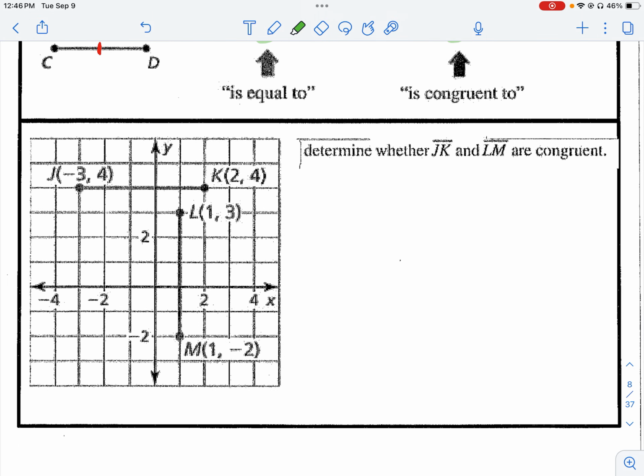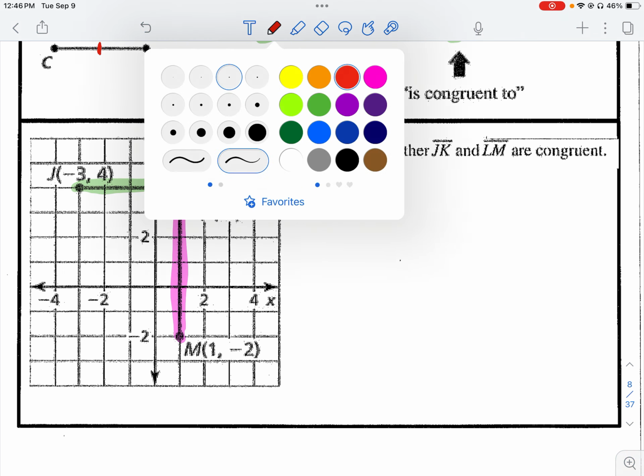So let's figure out, are segment JK and LM congruent? Well, here is our JK. Here is our LM. So we need to find the distance. And I don't like red, so we're going to change the color.